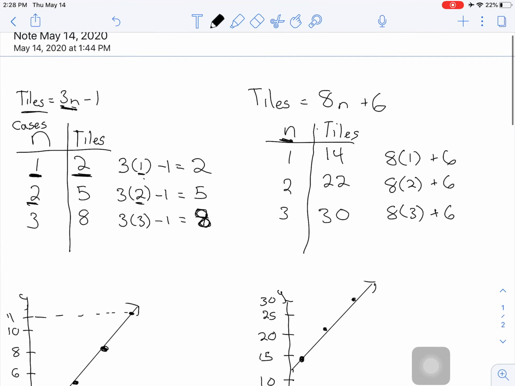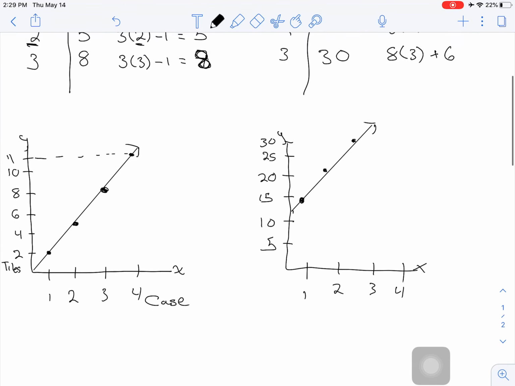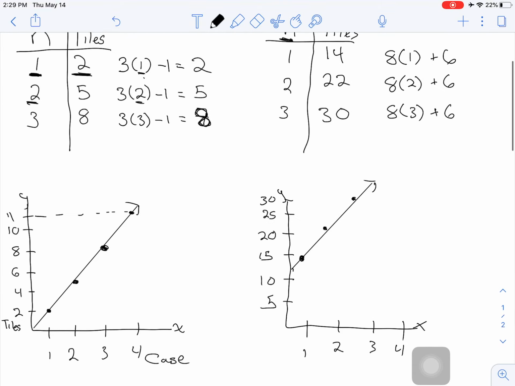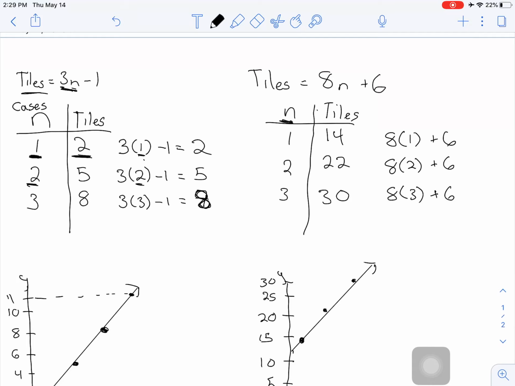So here just shows some examples of how we could use algebraic expressions to put in points as well as graph. Last question is, I might say, well, what about in this one over here, what about the 21st case?